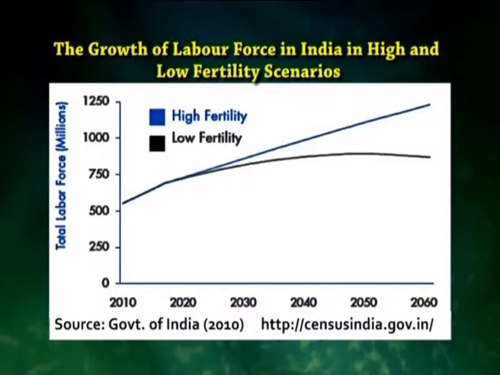By 2061, the number of people requiring jobs could reach 1,218 million, while with the low fertility scenario, the labour force will almost taper off at about 750 to 780 million after 2040. Hence, it is necessary to control the population and bring the fertility rates down.